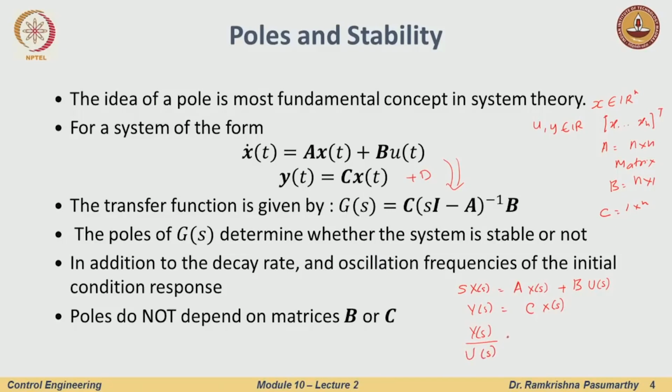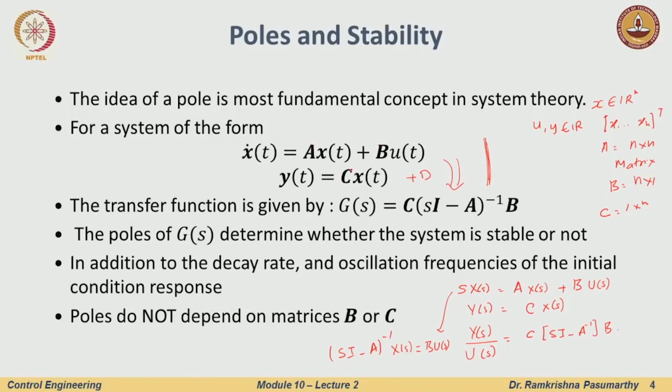You can eliminate X(s): (sI minus A) inverse times B, so (sI minus A) X(s) is B times U(s), and then you do the manipulations. This is what we call the system in the state space form, which we had discussed very briefly in one of our first lectures. Of course, we have not analyzed much the nature of A, B and C.